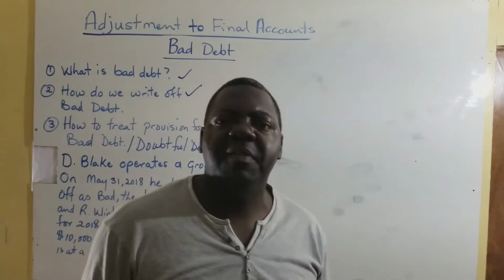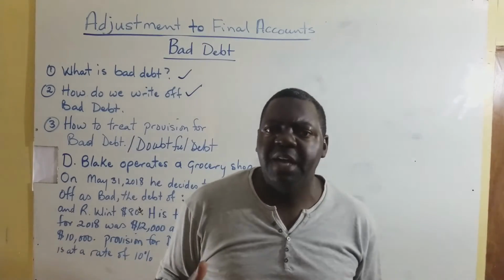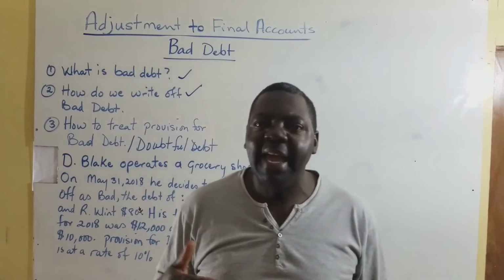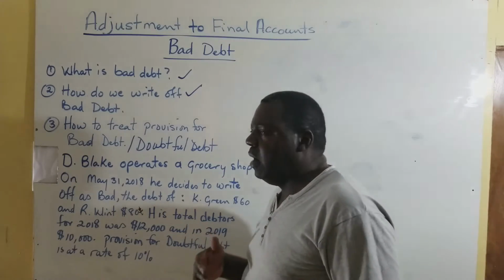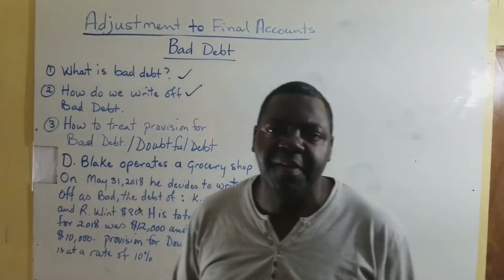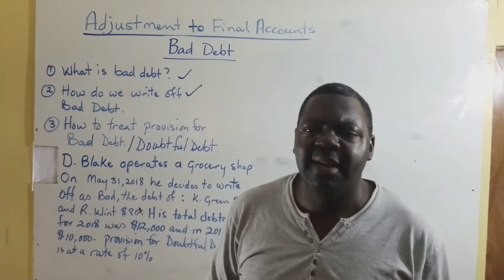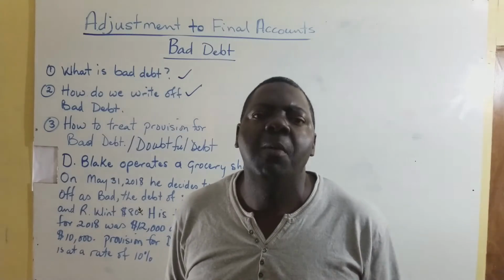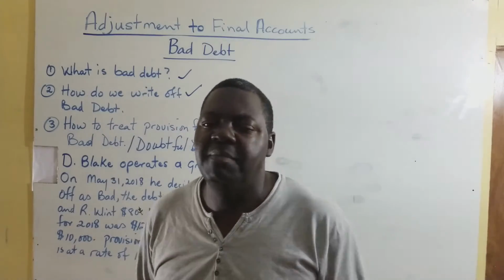The provision is an arrangement where the business is saying there is a likelihood. The figure we come up with is really an estimated figure in accounting to determine the possibility that a certain percentage of persons might not pay you. So you're making an arrangement to deal with it so you don't create any unnecessary shock on the business.